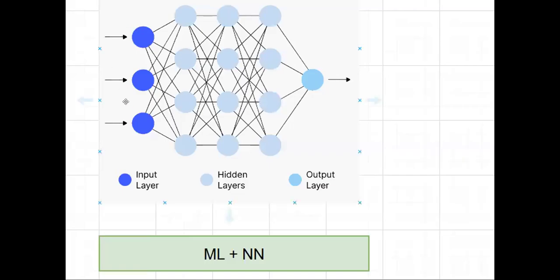If we observe, in the input layer we have 3 neurons. In the hidden part, we have multiple layers: this is the first hidden layer, this is the second, and this is the third. But while writing the code, we considered only one hidden layer. We haven't created these two hidden layers. And in the output, you can see only one neuron.